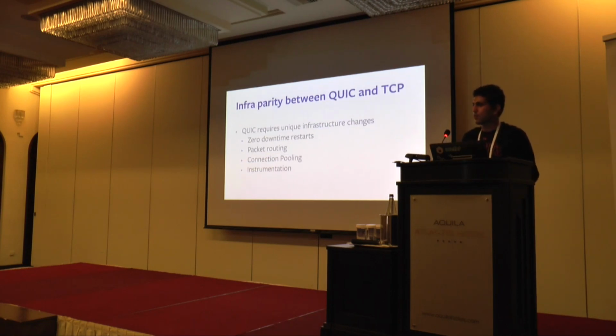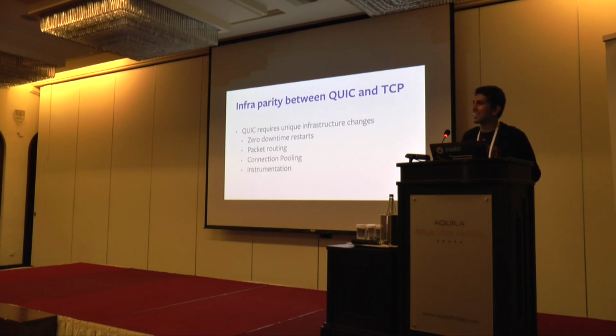Like I mentioned previously, there are a lot of things in our infrastructure that we've built over the years of running Facebook which rely on the goodness of features of TCP. A few of the things I'm going to talk about in this presentation are: we want to be able to restart Proxygen without disrupting user connections and ruining user experience.